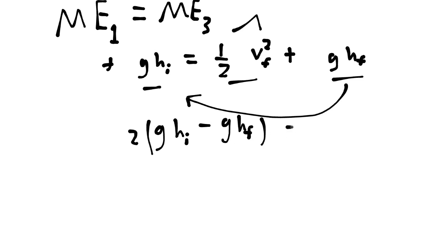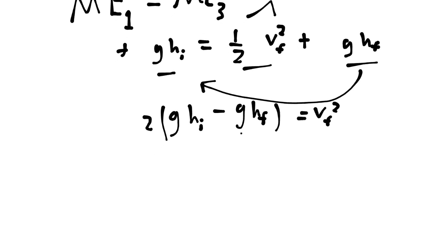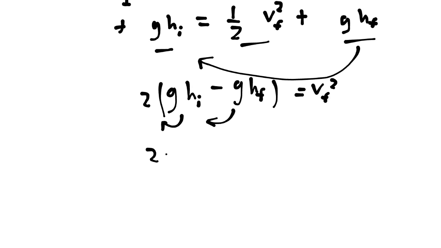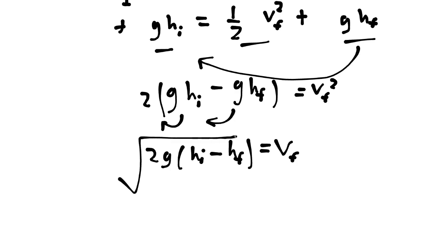It's like equal to multiplying by 2. And then VF squared. I'm also going to factor out the G on both sides here. So G is going to come out in the front. So it's going to be 2G(HI minus HF) equals VF squared. And then I'm going to square root both sides. So then square root up here.